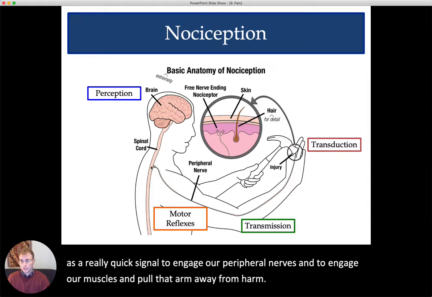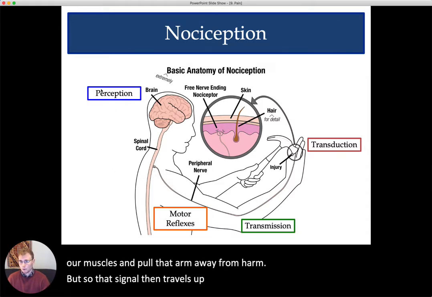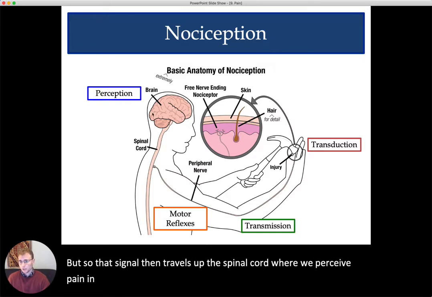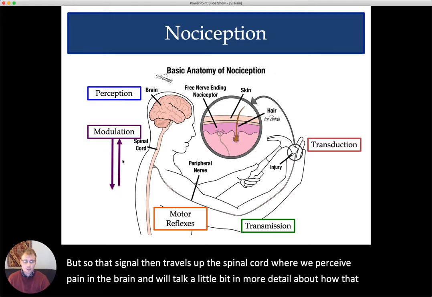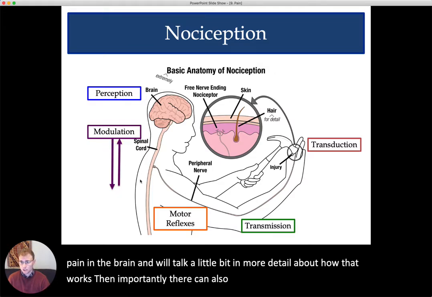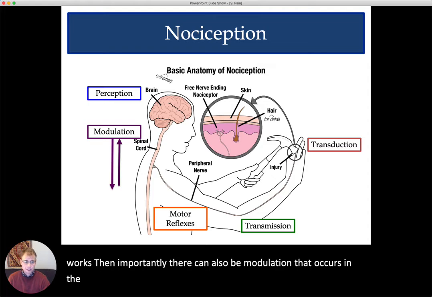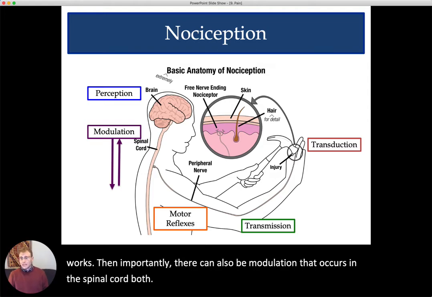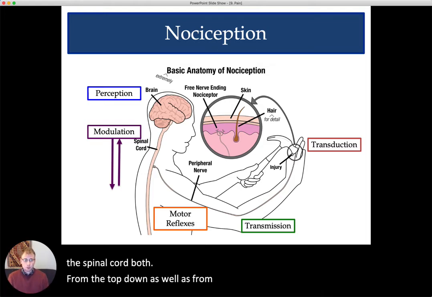So that signal then travels up the spinal cord where we perceive pain in the brain, and we'll talk a little bit in more detail about how that works. Then importantly, there can also be modulation that occurs in the spinal cord, both from the top down as well as from the bottom up level, and we'll also go into more detail on that.